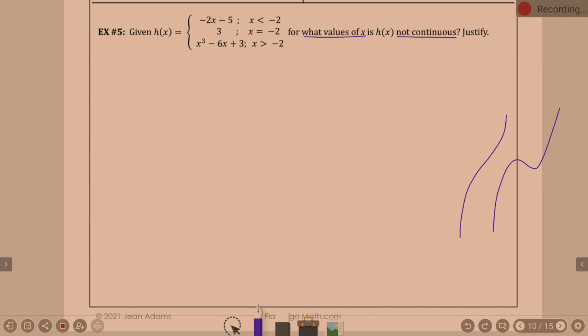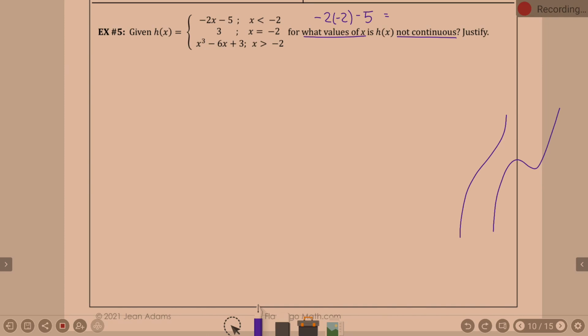We need to know what each of these pieces are doing, yes? So if we look here on the left, negative 2x minus 5, what is that when we plug in negative 2? That's going to be 4 minus 5, negative 1.